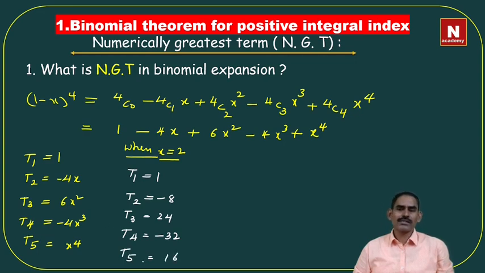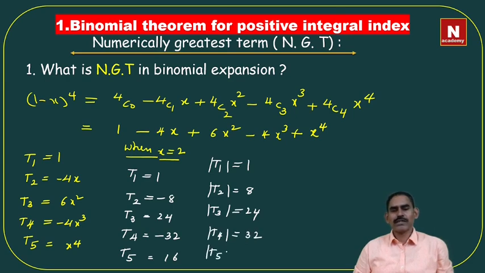We are going to consider here only absolute values of the terms. Absolute values means we can write modulus of t1 is 1, modulus of t2 is modulus of minus 8 is 8, modulus of t3 is 24, modulus of t4 is 32, modulus of t5 is 16. From the numerical point of view, what is the greatest term?